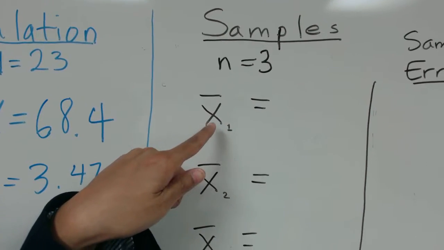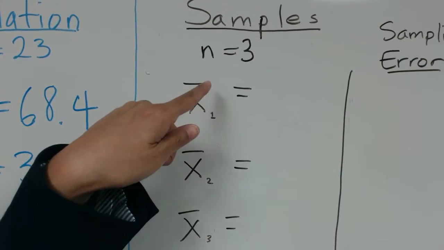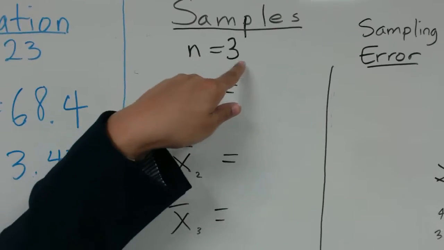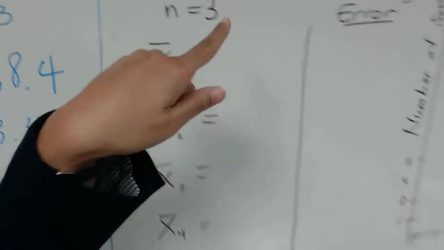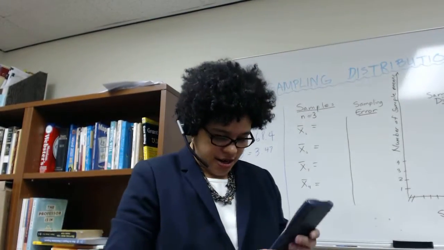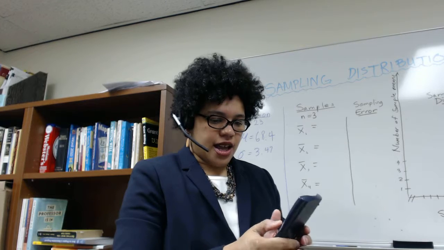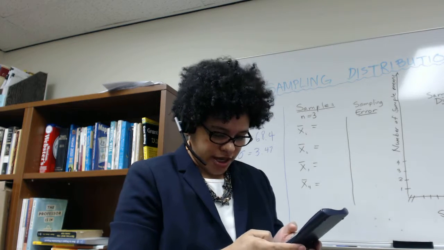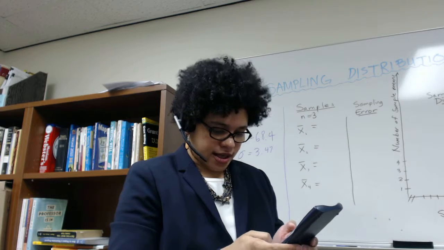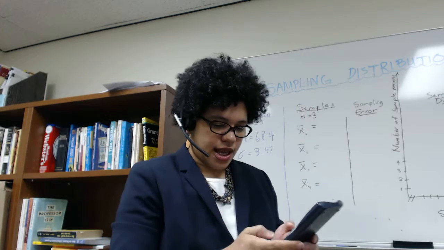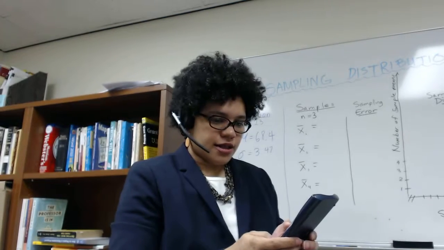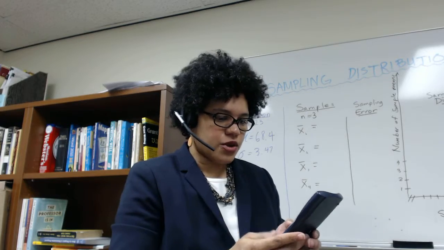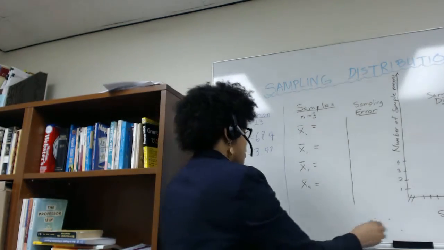I want to find the average, and my sample size is 3. So I get my trusty calculator here, and I have 71 plus 66 plus 68 divided by 3 equals 68.3.